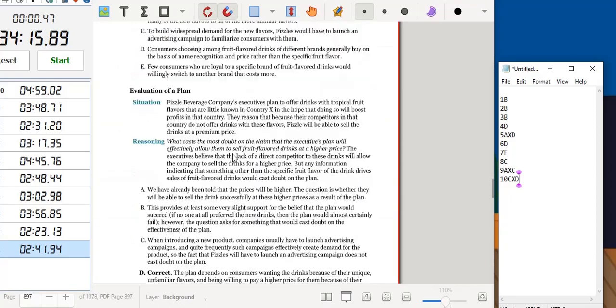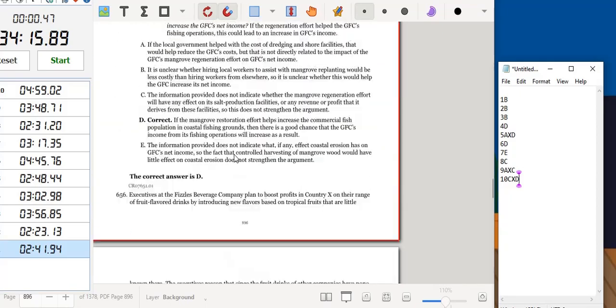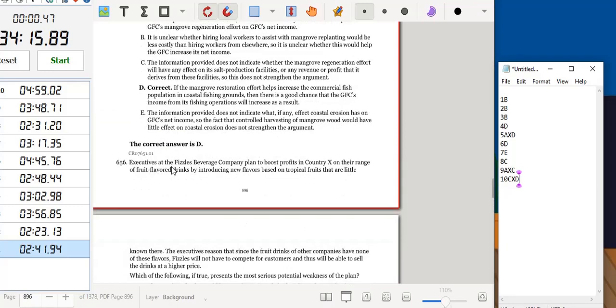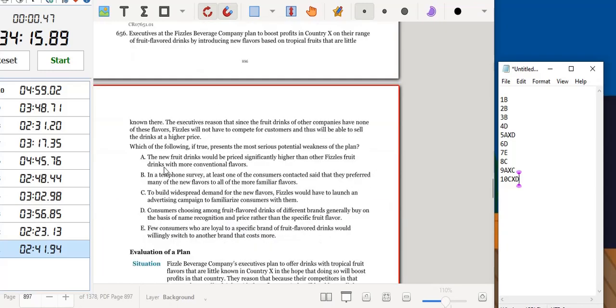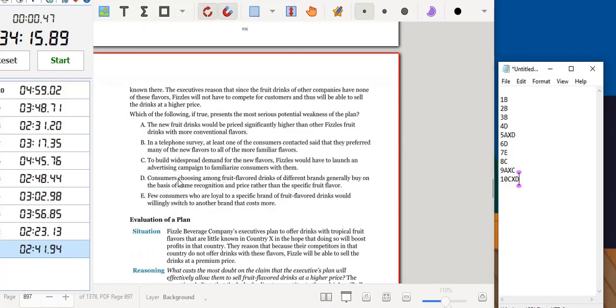So the next one I did wrong. So I have to see this explanation. Executives at Fizzel's beverage company plan to boost profits in country X on their range of fruit flavors. Okay, yeah, this was pretty easy, but I did it wrong. Shame on me. By introducing new flavors based on tropical fruits. Okay, let me just recapitulate it quickly.